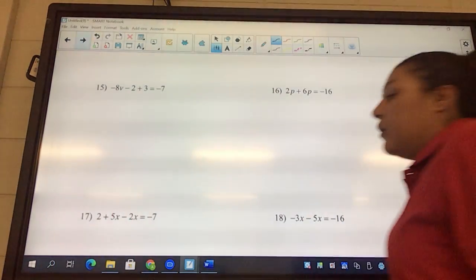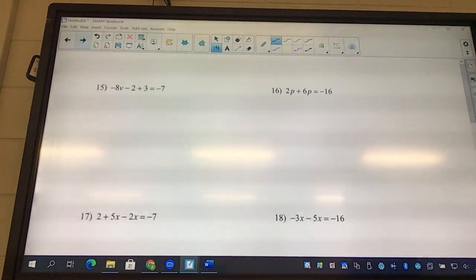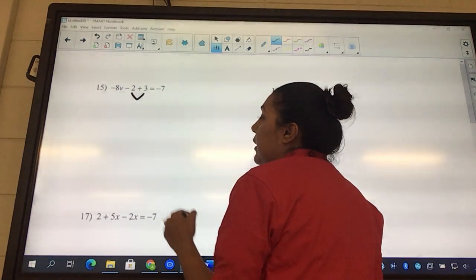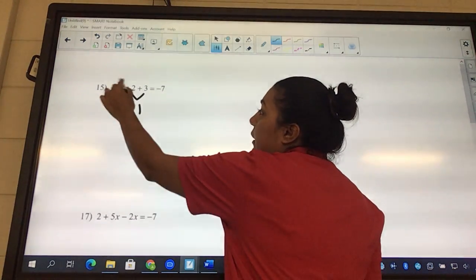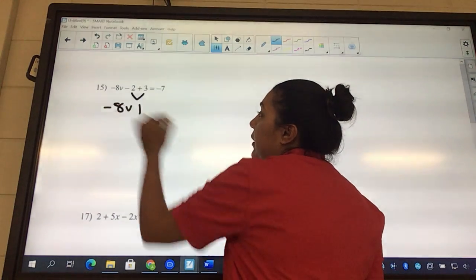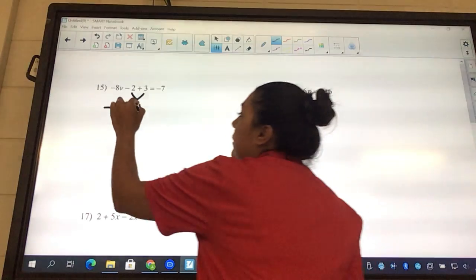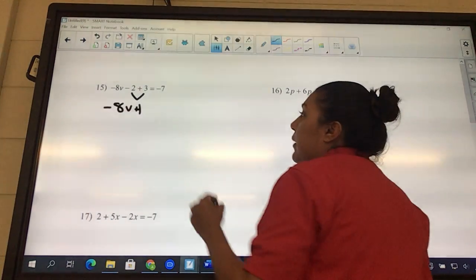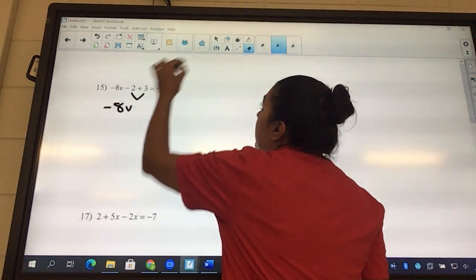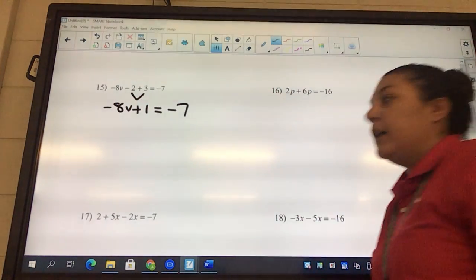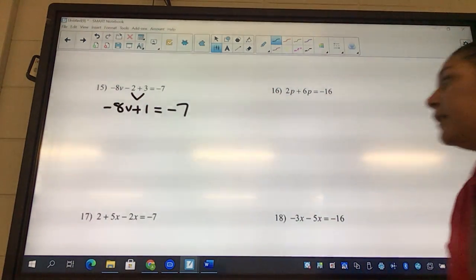Okay, 15. We combine our like terms. I can combine this -2 and this +3, which gives me a 1, and I still have this -8b over here. What kind of 1 is that? It's a positive 1. Then we add or subtract our kid.